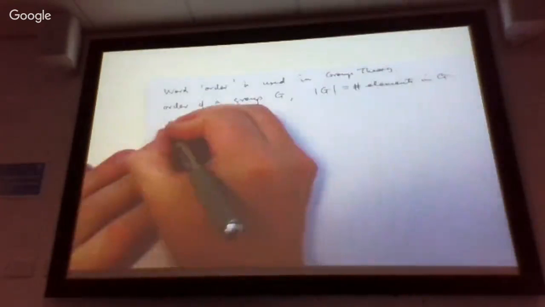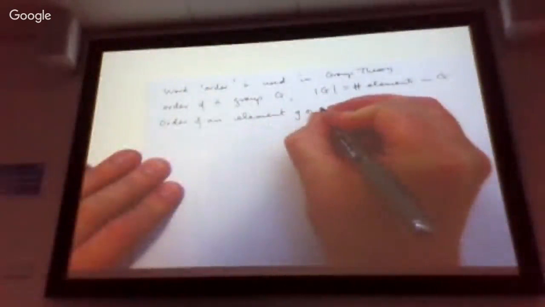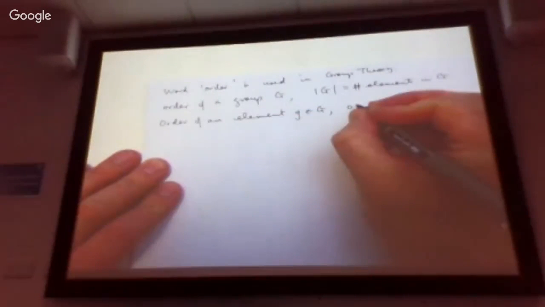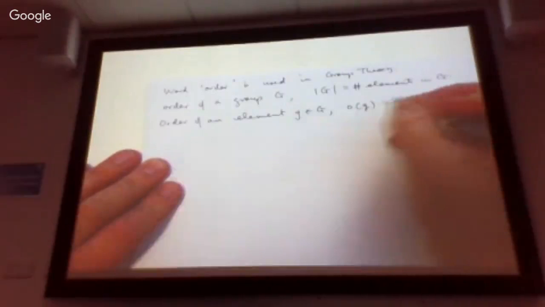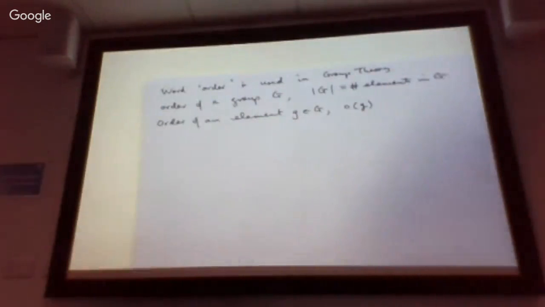But the order of an element, we've got an element g, and this is probably written as O(g), or maybe even some books might use absolute value of g, although I don't think that's that common.